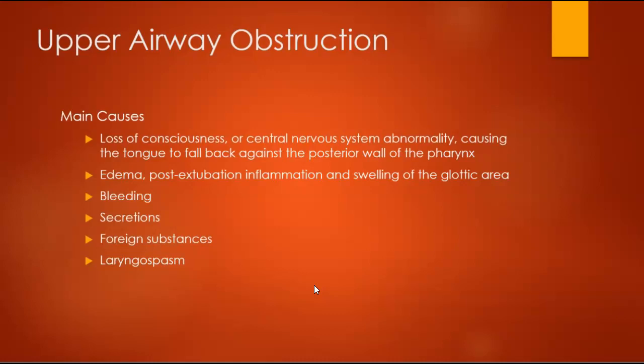If an airway's been in place for a while and we take it out, that airway can start swelling and getting inflamed, especially in the glottic area, the space between the vocal cords. If that swells, that's the narrowest point of your airway, and that can cause some obstruction.